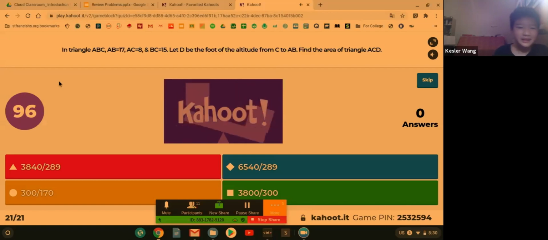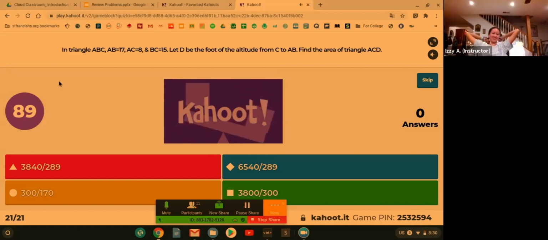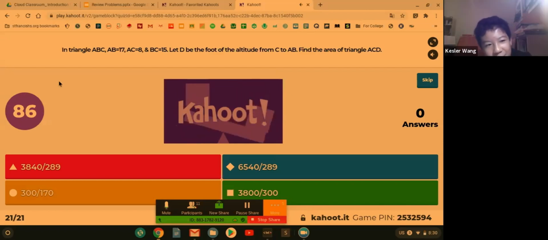Can you not put fractions? Fractions just make it harder. This is the last question, so I was like, why not finish? Why not put fractions? Yep. Why? 3,000.